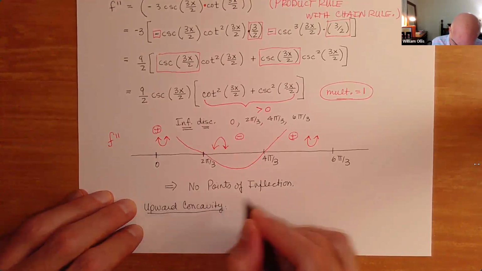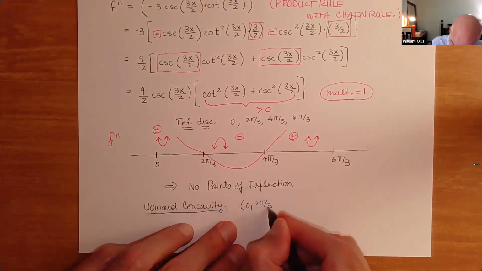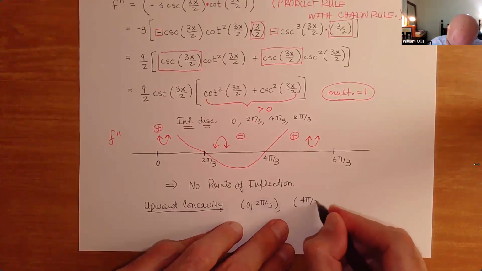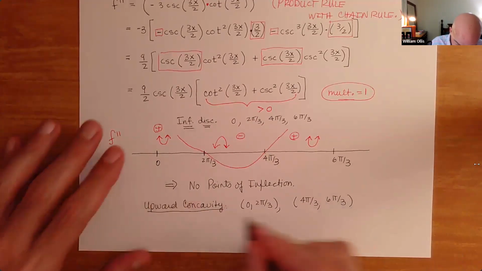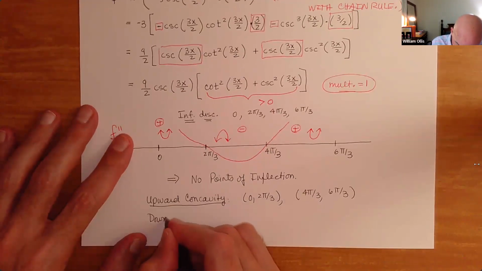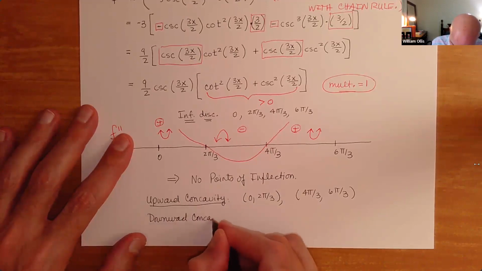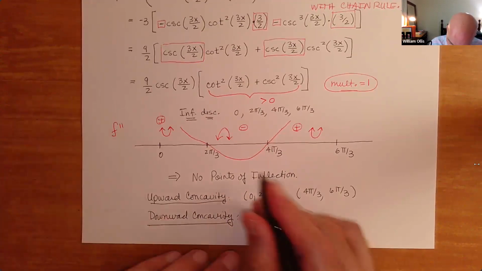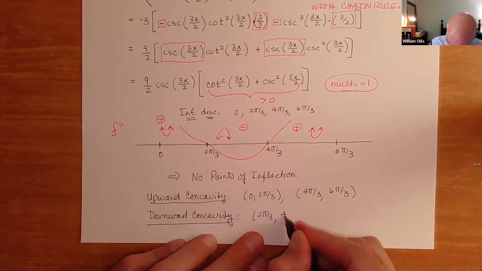Upward concavity will be 0 to 2 pi over 3, and 4 pi over 3 to 6 pi over 3. And downward concavity will be from 2 pi over 3 to 4 pi over 3.